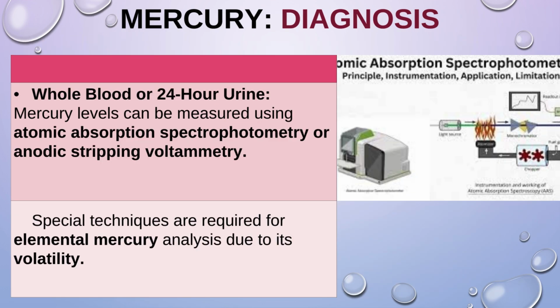So mercury diagnosis, guys, we can have the whole blood as the sample, or a 24-hour urine collection. So what's the methodology? Using AAS, atomic absorption, or ASV, anodic stripping voltammetry. Special techniques are required for elemental mercury analysis.